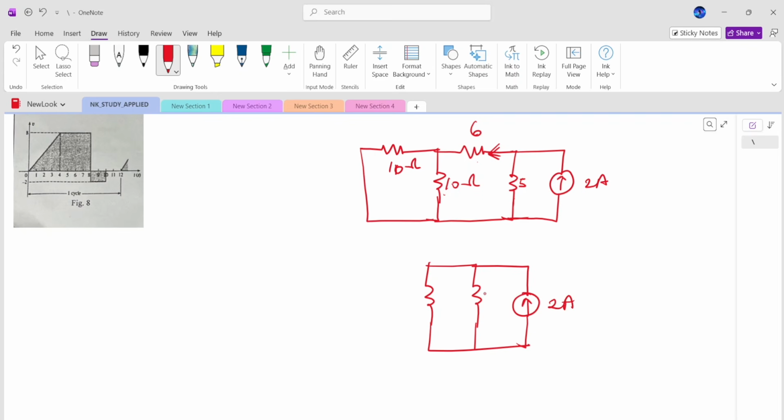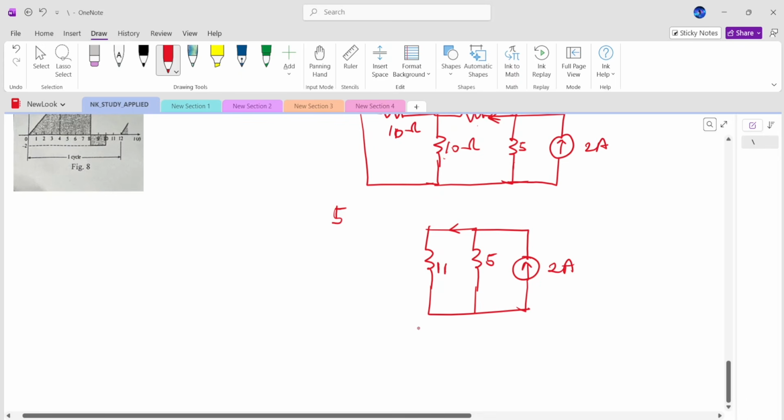This is 2 amps, this is 5, right? And we know 10 parallel 10, 2 equal resistors in parallel, will give an effective resistance of half of one of them. So we are going to have 5, and it's in series with 6, so we're going to have 11 here. And this is the current we are looking for.